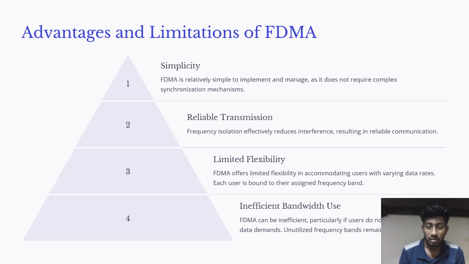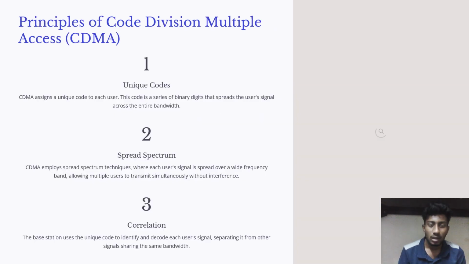Limited flexibility: it offers limited flexibility in accommodating users with varying data rates. Each user is bound to their assigned frequency band. Inefficient bandwidth use: it can be inefficient, particularly if users do not have data demands, as the unutilized frequency band remains idle.